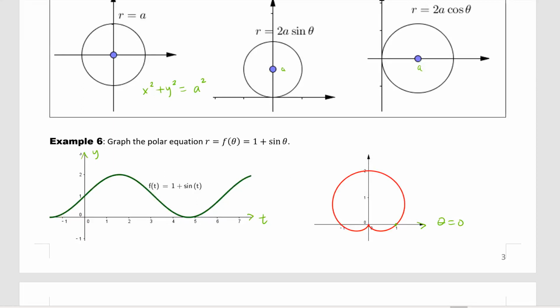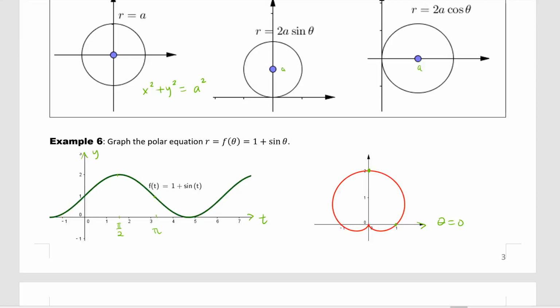Okay, and then you think about, when theta equals pi over 2, my y is 2, so you plot this point. And when my theta is pi, then we get y is 1.